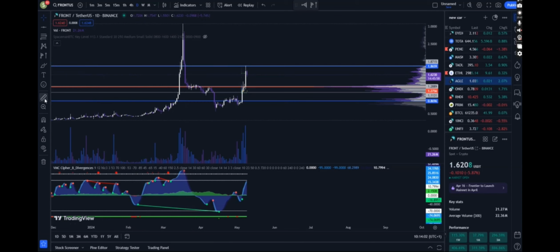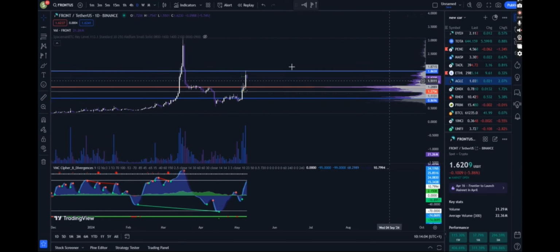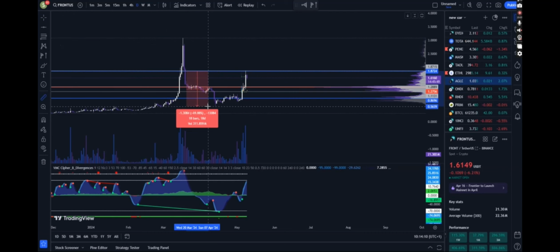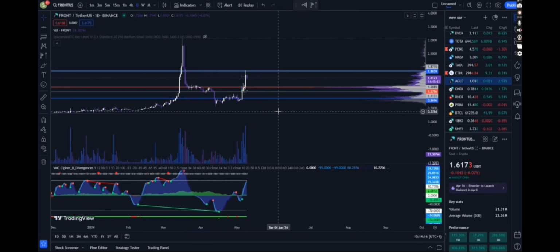You could have taken a short there. A lot of people think that the move's already gone here, but it hasn't. You still got a 69% drawdown. But before this coin can move off any higher, personally, I do think that it's going to have to retest this area.